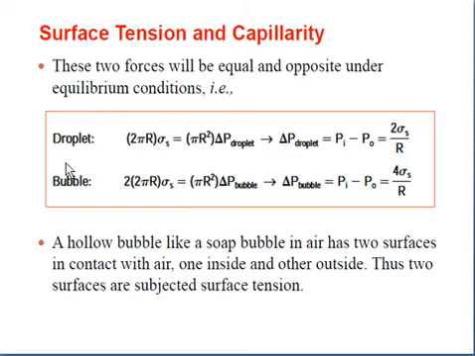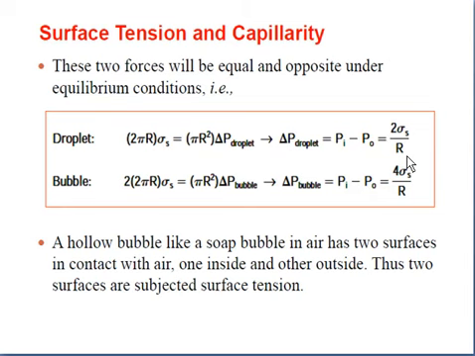In case of the droplet, you have to go through this formula, 2 sigma upon r. Based on this formula, there may be some questions or problems. You have to learn these two formulas by heart. For droplets, the equation is 2 sigma upon r, if the radius is given.